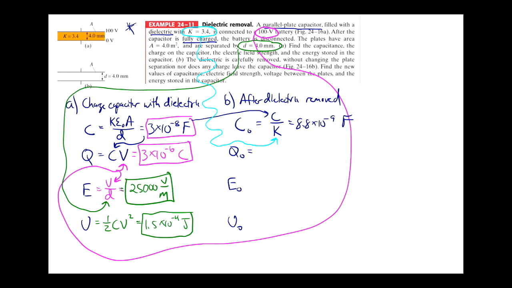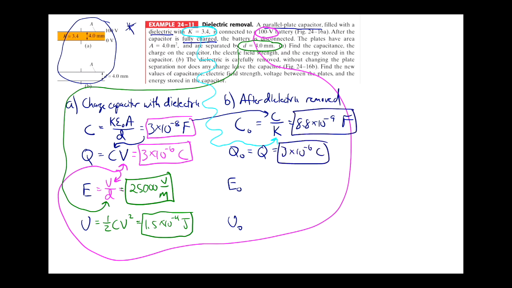Take a look at the problem up there again. Take a look at these pictures. Yeah, it's the same. It's not connected to a voltage source, so Q naught is the same as Q. The amount of charge that's there is trapped. So that's 3 times 10 to the minus 6.